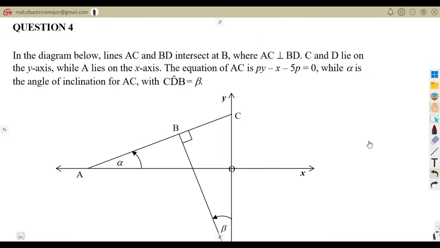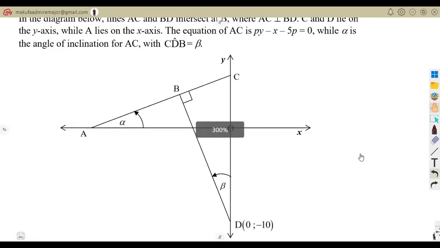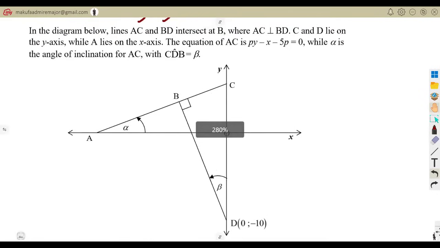Then question number 4, you had the diagram below. In this diagram, there are lines AC and BD, they intersect at B, and these two are at 90 degrees. They are perpendicular. As we can see, these two lines, AB and BD, are perpendicular. Then we are given C and D, they lie on the y-axis and the x-axis.